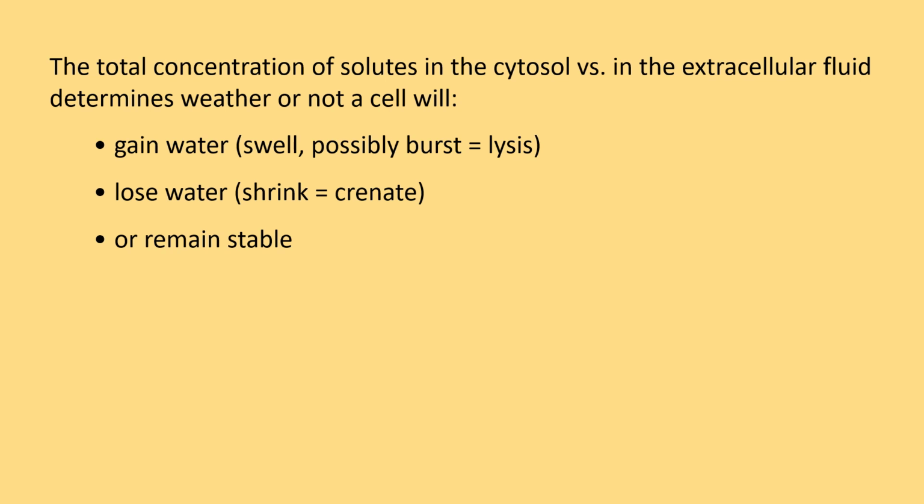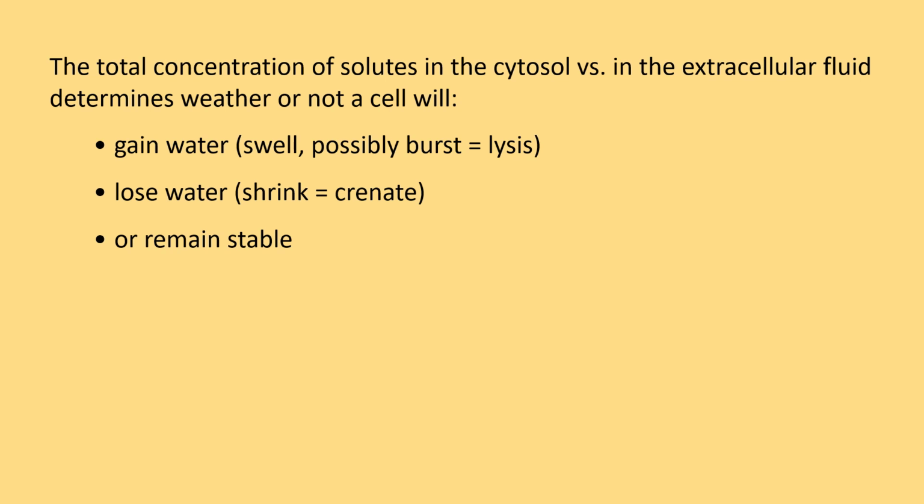We need to think about the relative concentration of cytosol, so the concentration of fluid inside the cell, compared to the concentration of fluid outside the cell. These two fluids need to have equal overall concentration because osmosis happens. And if they have unequal overall concentrations, the cell will either gain water, it will swell, it could possibly burst, or in the opposite concentration arrangement, the cell could lose water by osmosis.